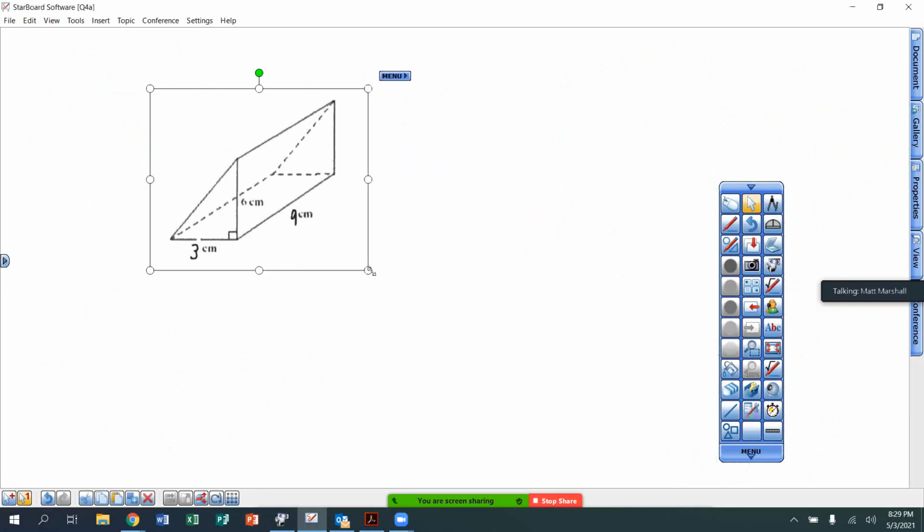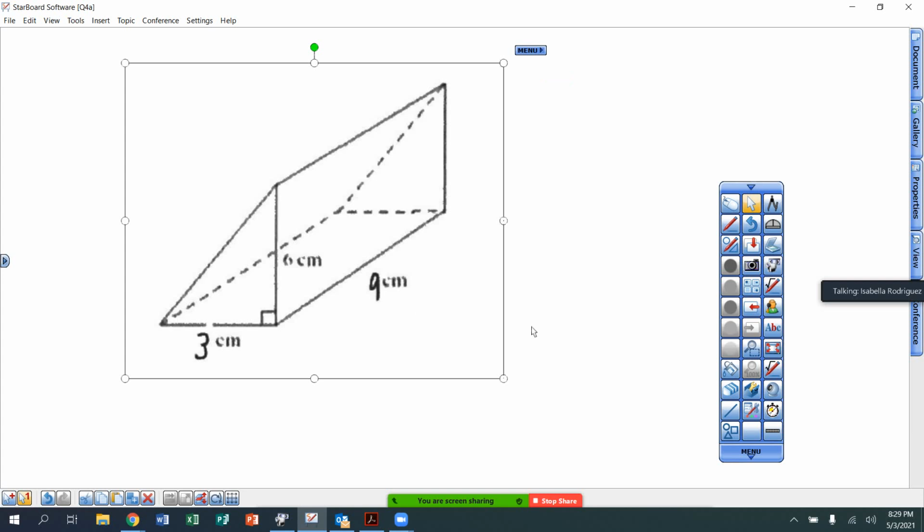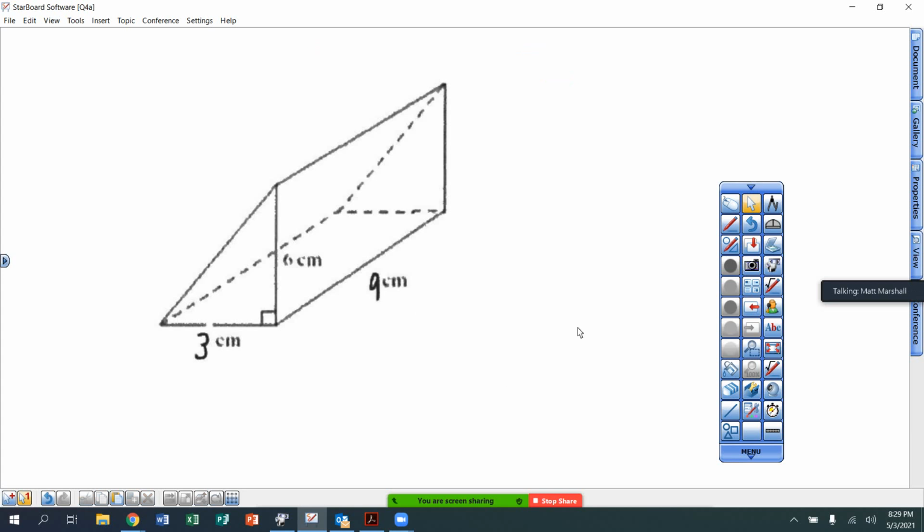Do you see that picture? Yes. All right, so when you found the volume, what'd you do? You times those 3 and then you times by a half, is that right? Or what did you do?